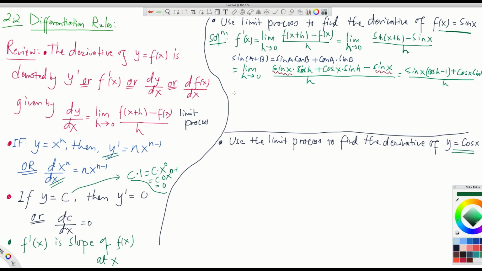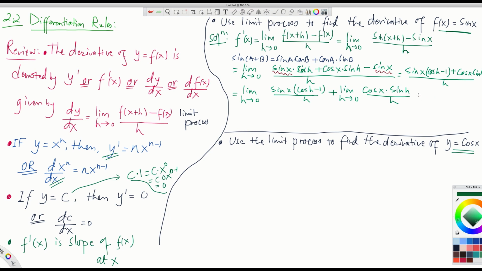So you can write this as limit h tends to 0 of sine x times cosine of h minus 1 divided by h, and then I can distribute the limit as well: limit h tends to 0 of cosine x times sine h divided by h.